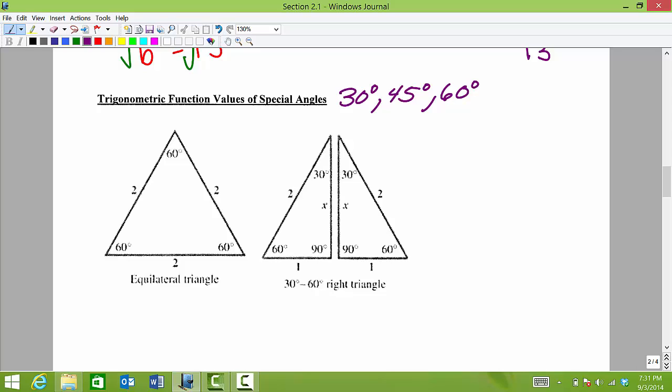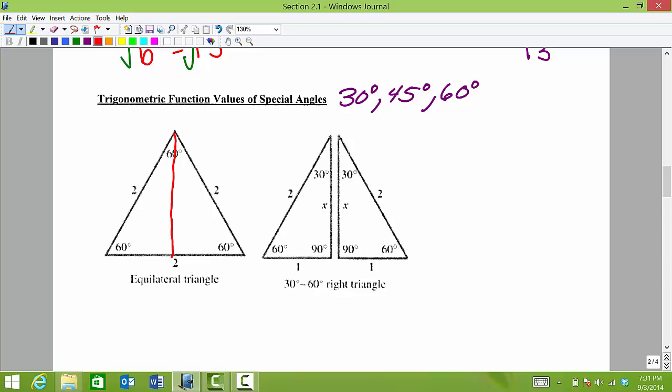In order to do that, we're going to start with an equilateral triangle. In this equilateral triangle, we'll have all of the same angles of 60 degrees and all of the same sides of 2. And we're going to take this equilateral triangle and cut it right down the middle, in half.